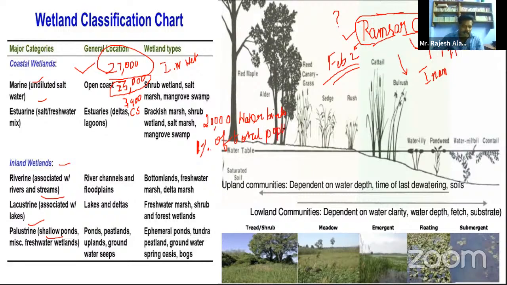But this wetland should regularly support some vulnerable, endangered, critical species. We will see what vulnerable, endangered, and critical species are. It should also be an asylum for local fish species. We have seen loaches, right, sir?